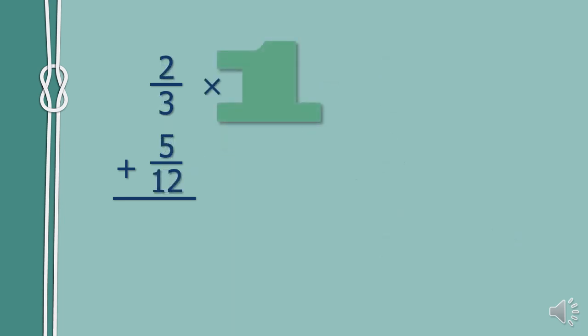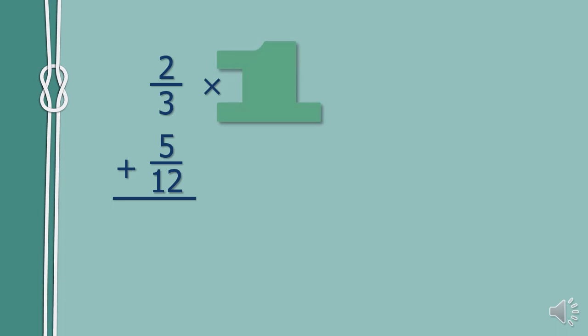Here's another problem for us. 2/3 plus 5/12. Again, the fractions are unlike fractions, so we need to put the fractions into like terms before we can add them. And to do that, again, we use the identity principle for multiplication, and we multiply by a name for 1.